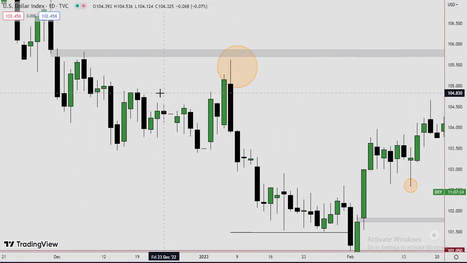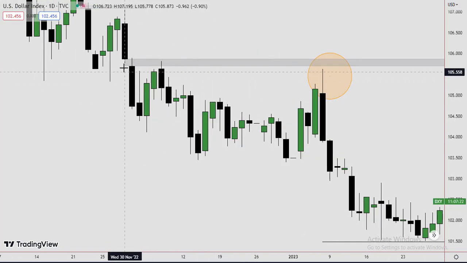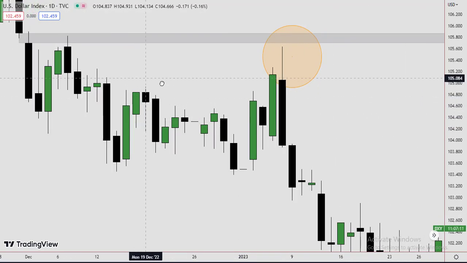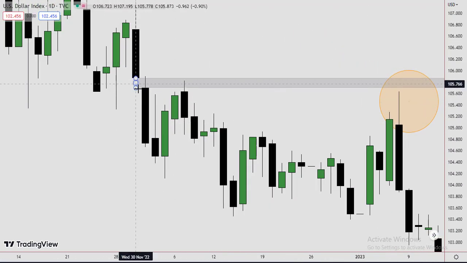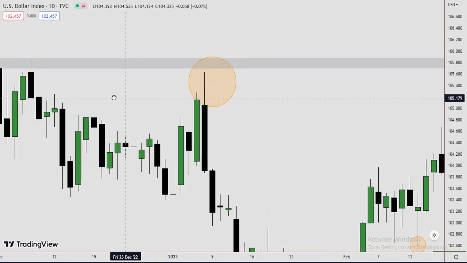Volume imbalance is a price action where only the candle wicks are involved. The bodies of the candles create the gap. That's a volume imbalance, as you see here. If you take your time, you'll see that the bodies of the candles created the gap, and only the wicks of the candles had a transaction here, so that's a volume imbalance.